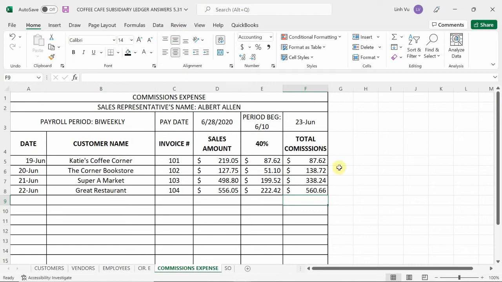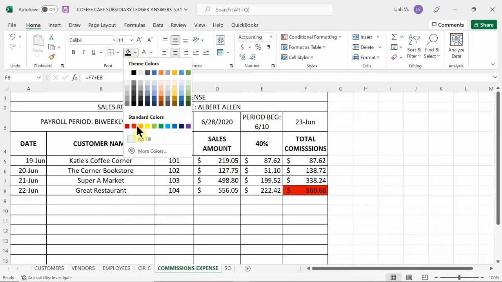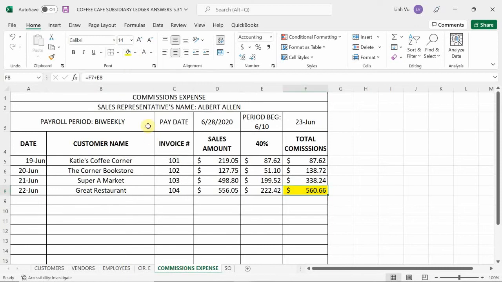So we owe him $560.66 for all of his sales that he earned between the payroll period. So I'm going to skip a line and start another row, because that way we can identify when the next pay period is going to start. Today's the 24th, so today's the start of a new payroll period.